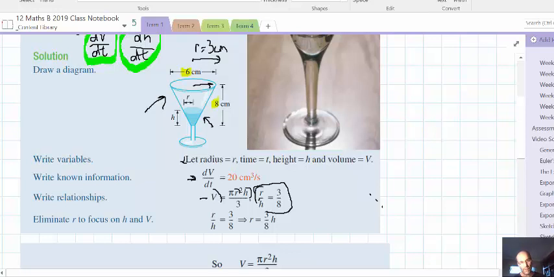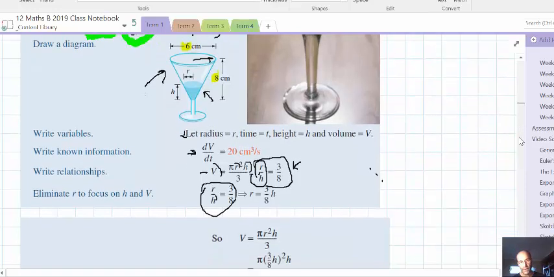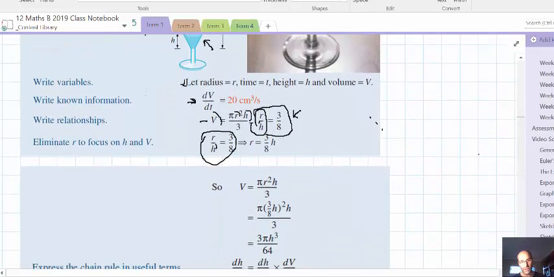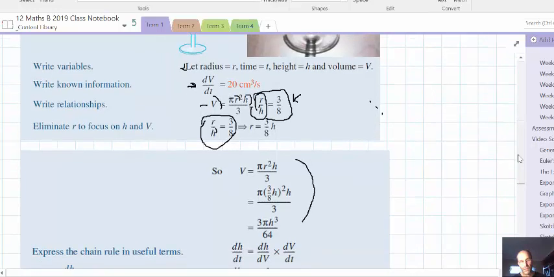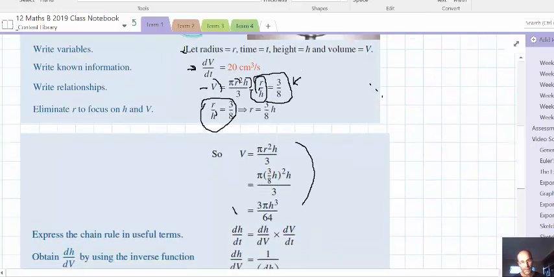So the ratio of radius to height is a constant 3/8, which is very handy, because we can say r over h is 3/8, and therefore r is 3/8 of h. So we can replace r with 3/8 of h, and if we do that, you can see here the result, and we get 3 pi h cubed over 64. So we've only got two variables now, which suits us much better.